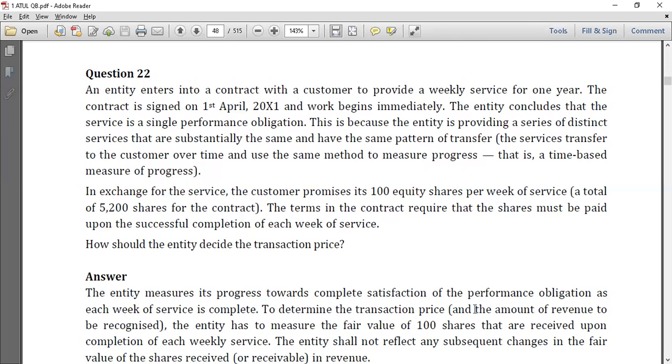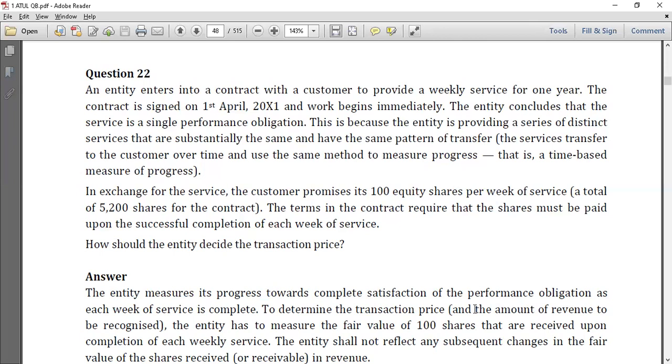So here the answer goes like this: the entity is measuring its progress towards complete satisfaction of a performance obligation as each week of service is complete. To determine the transaction price and the amount of the revenue to be recognized, the entity has to measure the fair value of 100 shares that is received upon completion of each weekly service.